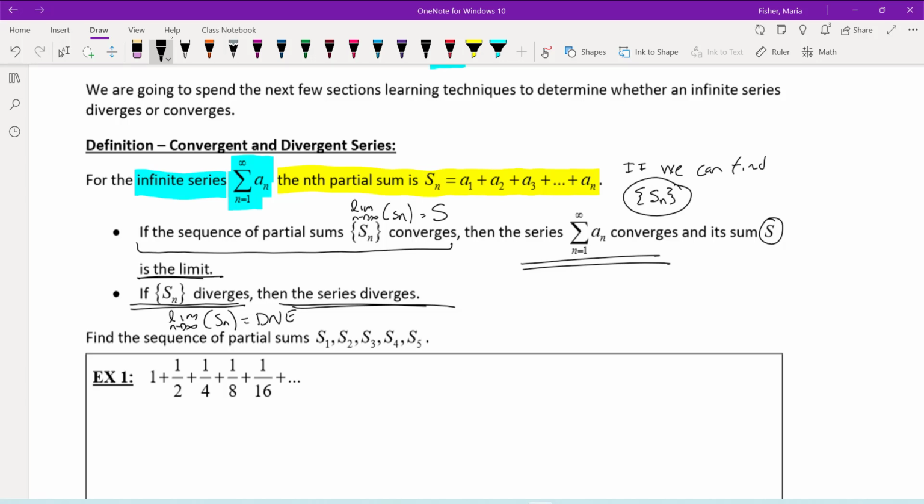We just take the limit as n goes to infinity of that sequence. So if we can find that sequence of partial sums, then we can determine if we diverge or converge. Let's just practice finding sequences of partial sums so we understand what they mean. And then we're going to look at how to find the sequence of partial sums for telescoping series.